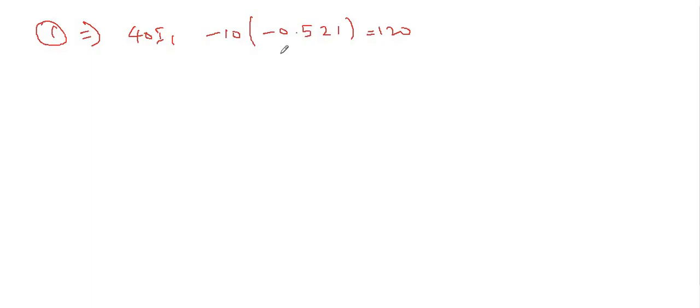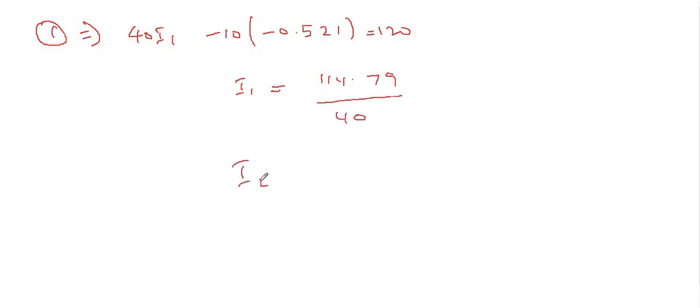Now we will substitute that value in equation number 1. So from equation number 1, 40 I1 minus 10 into the value of I2, minus 0.521, is equal to 120. So here I1 is equivalent to 114.79 divided by 40.